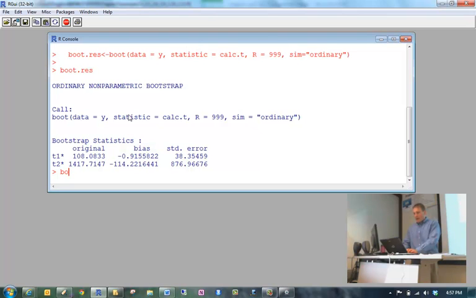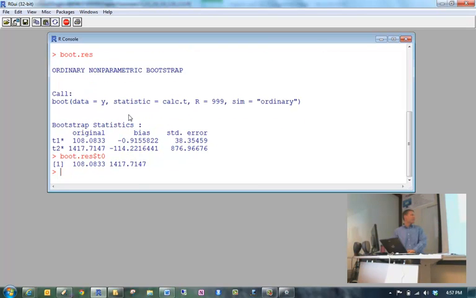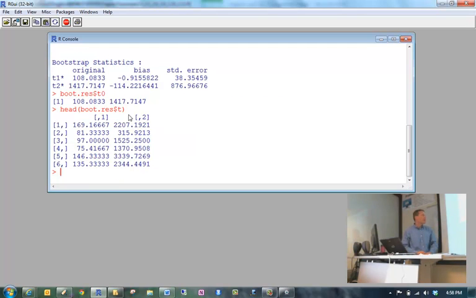Also, let's talk about what's inside of boot.res. So if I did boot.res$t0, notice how I get, again, the original stuff. But now I get two elements versus we were just getting one before when we only had one value given back to us. If I did head(boot.res$t), look what I get. Now I get a 999 by 2 matrix of t stars and v stars.